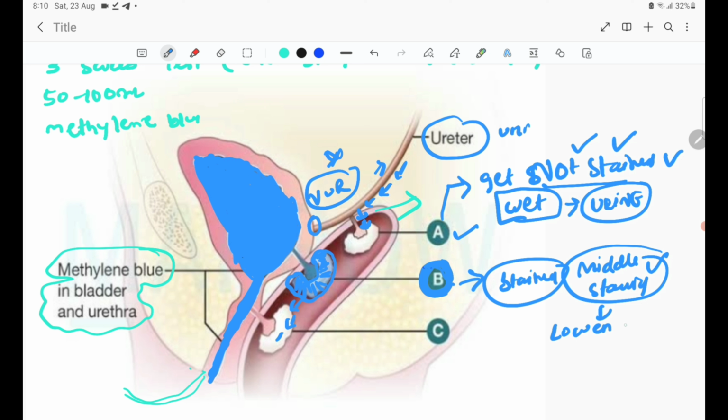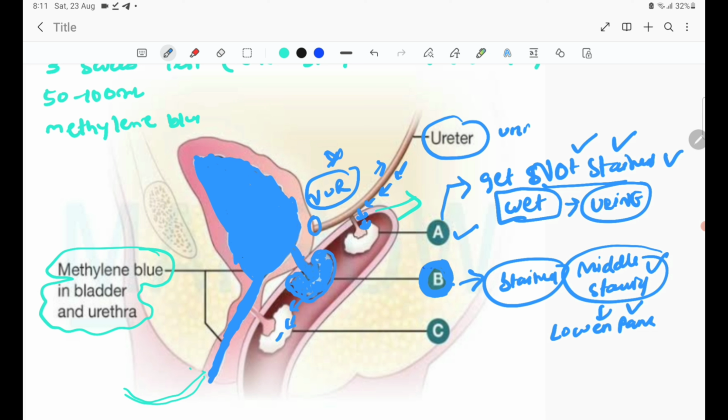So remember, in a vesicovaginal fistula the middle part is more stained compared to the lower part of the swab, because the bladder communicates directly with the anterior vaginal wall.